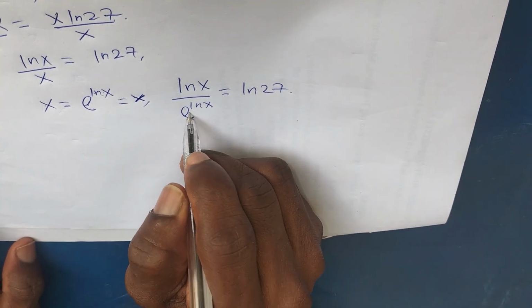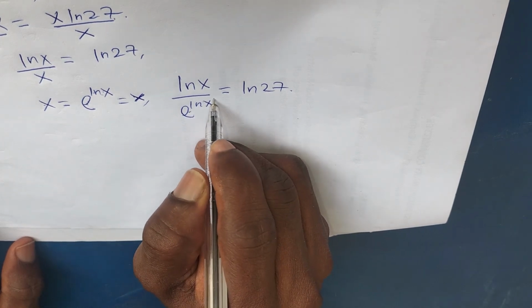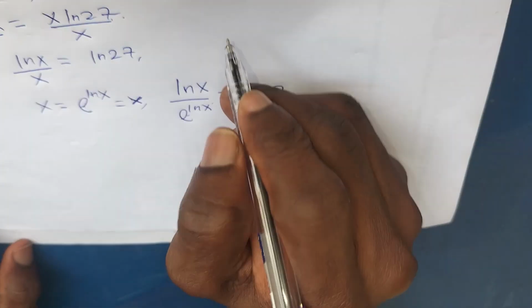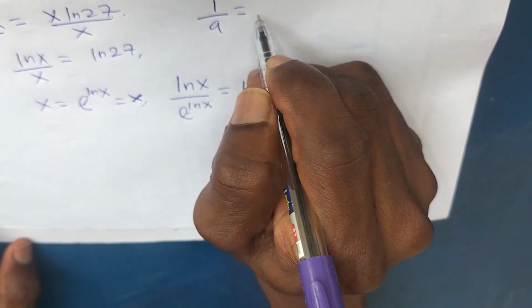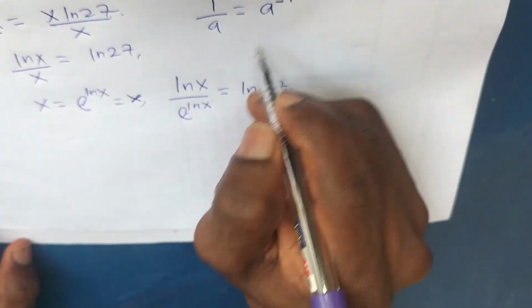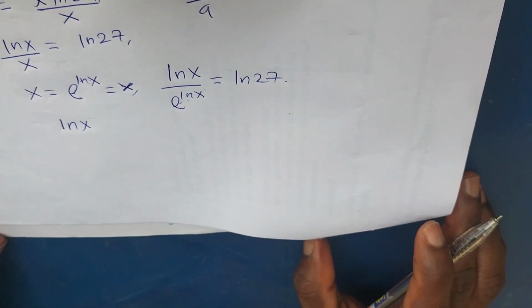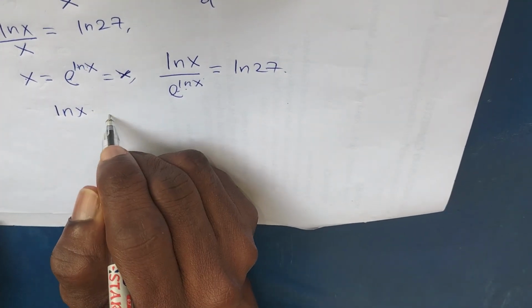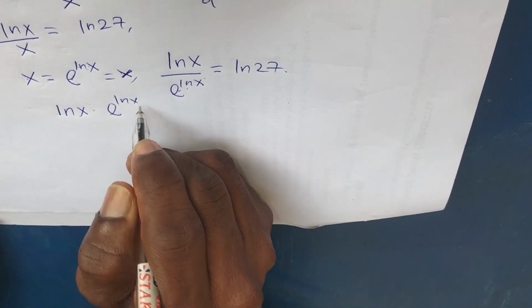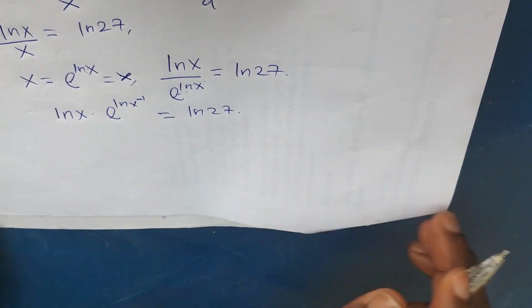So I want to make this a numerator. From the principle of indices, if I'm having 1 all over a, it is also equal to a to the power of negative 1. So if I apply this here, I'm going to have ln of x times exponent of ln of x to the power of negative 1 is equal to ln of 27.